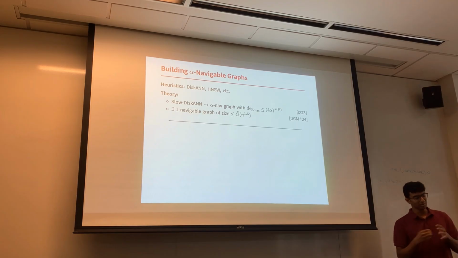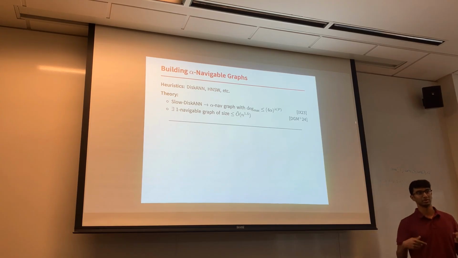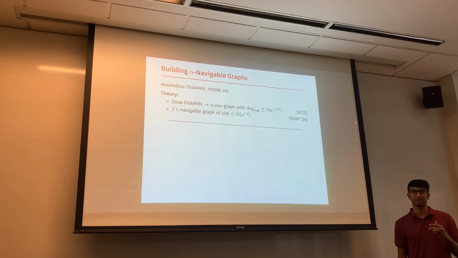Now, when I was looking at these results with my advisors, I realized that both of these results are really global upper bounds. For this particular algorithm or this particular setting of alpha, you have some bound on the sparsity of the graph that you produce. And we were really interested in applying an approximation algorithms framework on this question of sparse navigability.